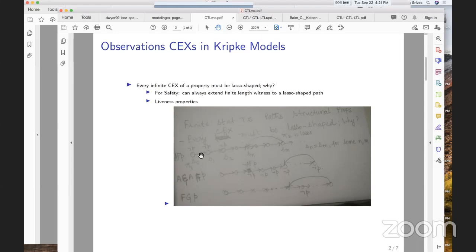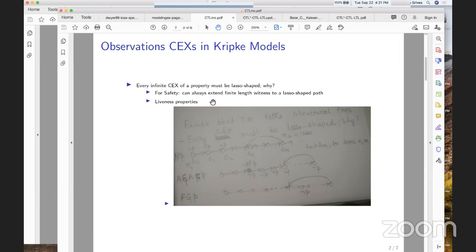By lasso shaped, I mean it has a front tail and a loop later, a repeated section at the back. For safety, given a violation, I'm saying that every counterexample can be extended to this.